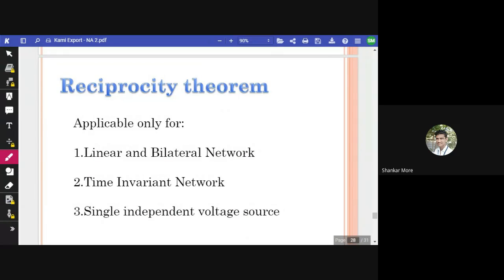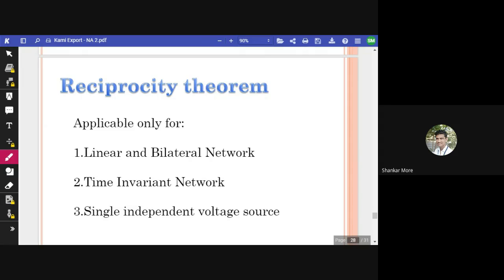So reciprocity theorem. What are the conditions that first of all we have to check in a circuit in order to apply this theorem? First of all, the circuit should be linear and bilateral. Okay, the network should be linear and bilateral. Second thing, the circuit should be time invariant. Now, what is a time invariant network? We haven't seen this yet.